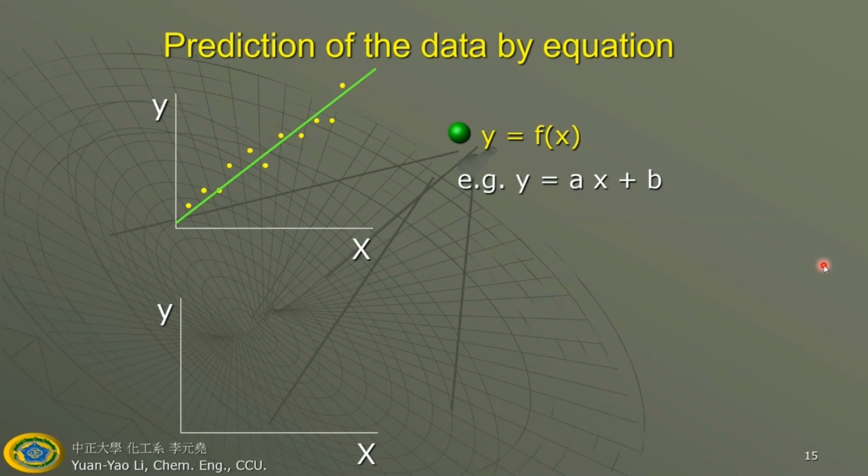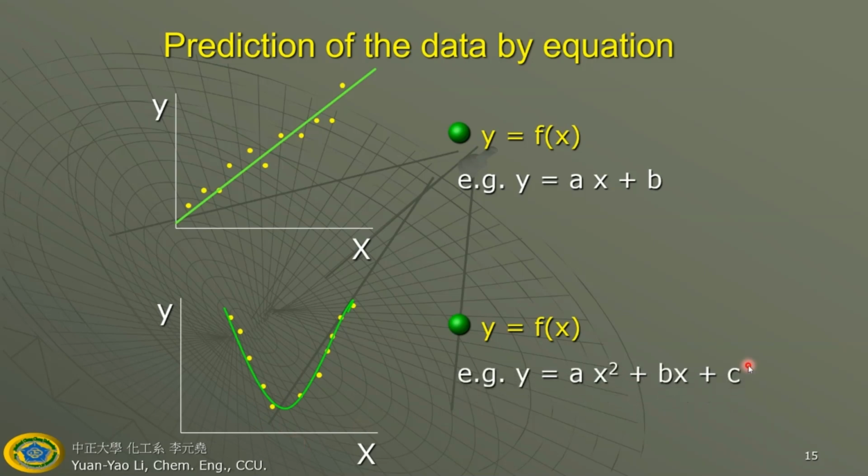However, if you got data something like this, you might say, well, this is definitely not a linear equation. Okay, so it can be, but of course it's still y equal to a function of x. This is for sure, right? So you might say, well, this is y equal to ax squared plus bx plus c. It makes sense.